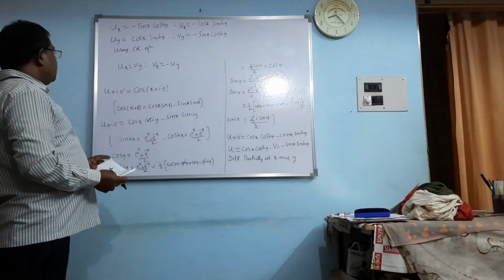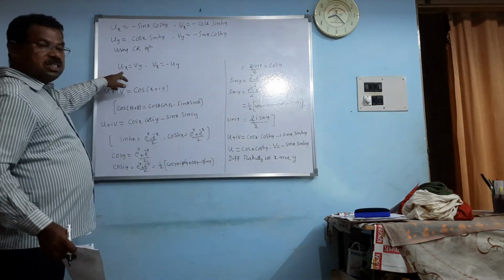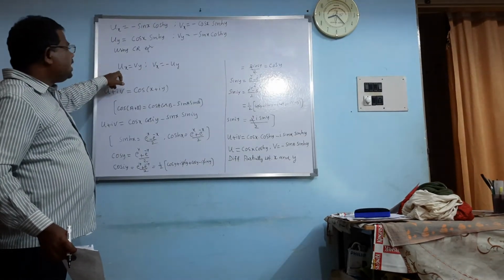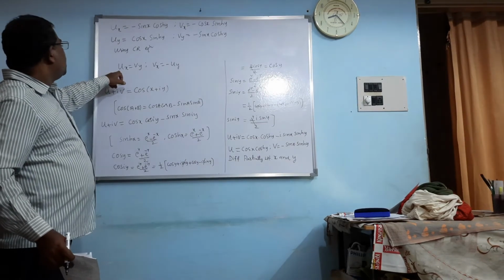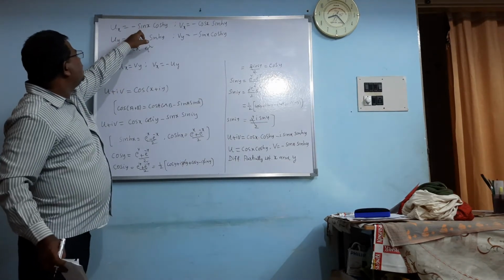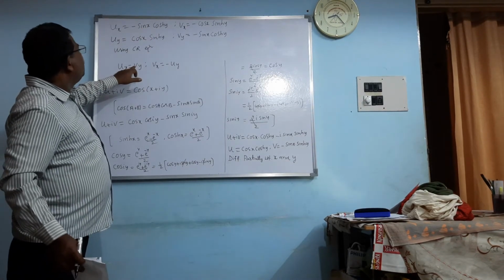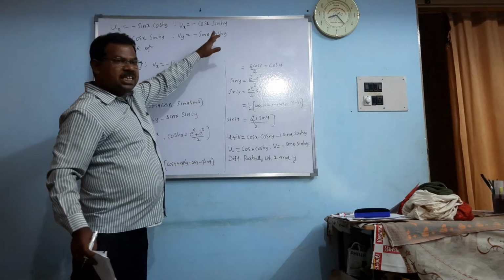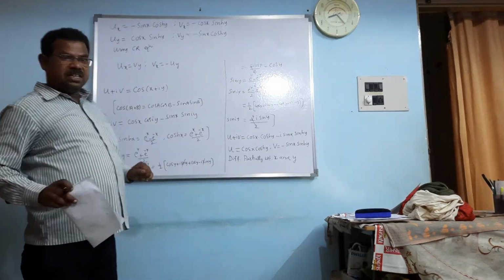Observe this first. Here, ux is minus sin x cos hy. Vy is minus sin x cos hy, the same, right?